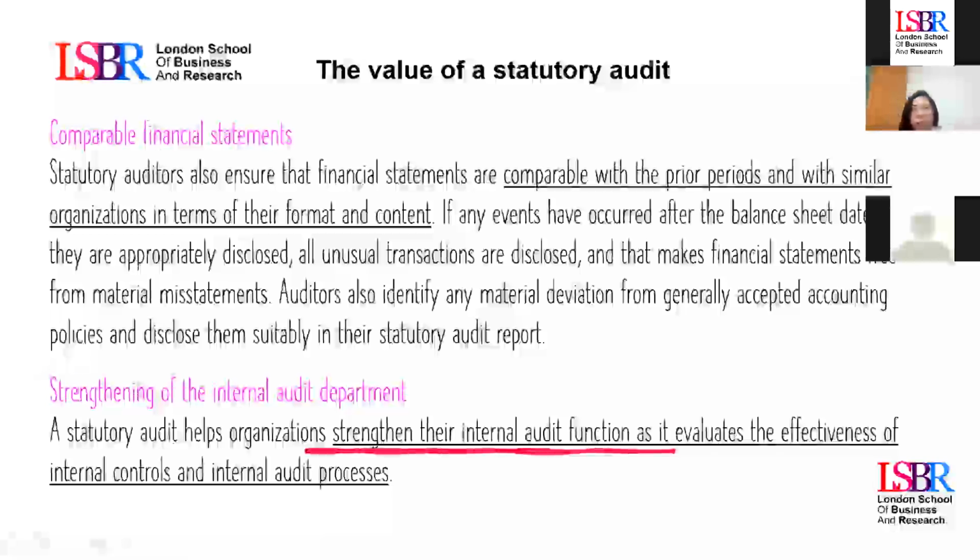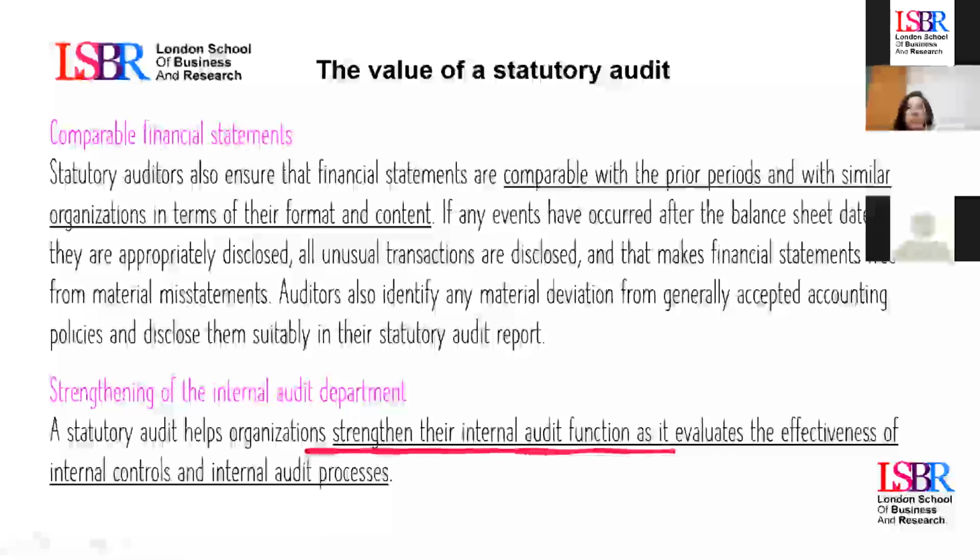Another is comparable financial statements. What has happened in previous periods and what is happening currently, maybe it is very helpful to compare to take decisions. Maybe if we detect that the previous year was better than nowadays, it is the time to think what are the factors that happened to get different results, no?